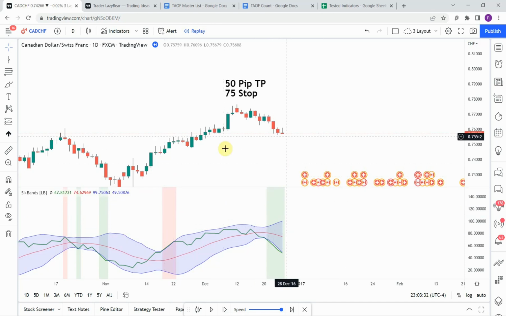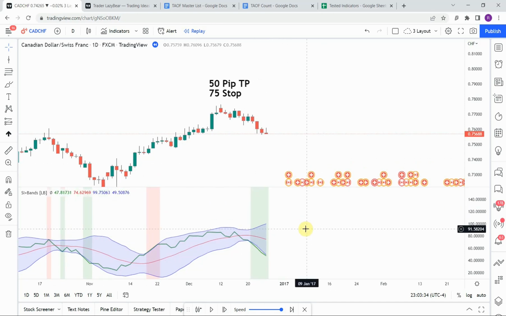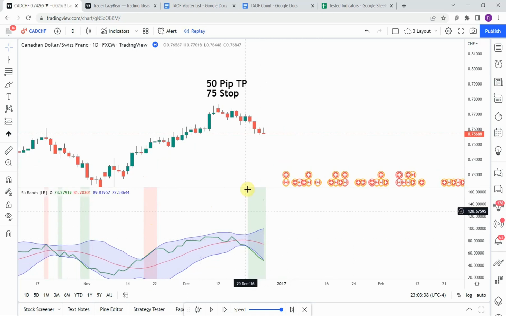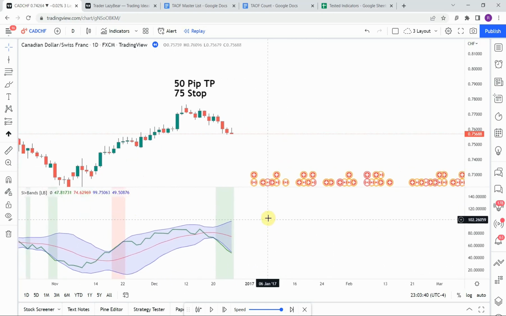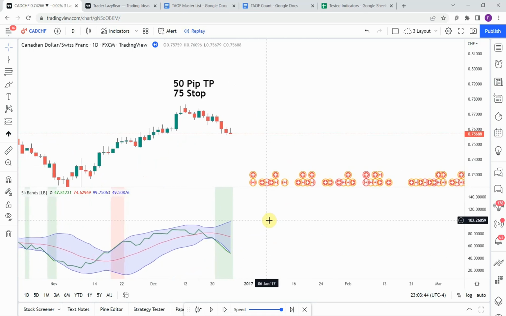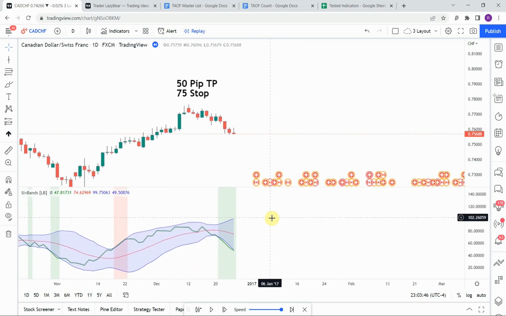Keep confusing them, sorry. So red, we're going to go short. Green, we're going to go long. There, that's what I'm trying to say. All right, let's go ahead and get on with the testing and see what we can get out of it.